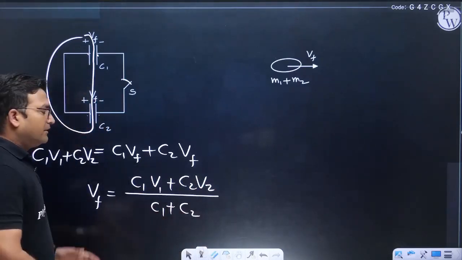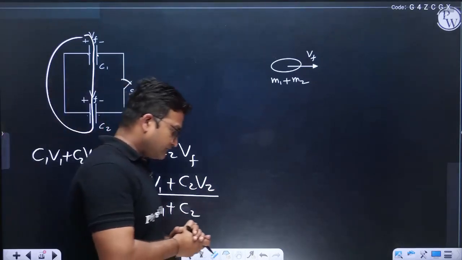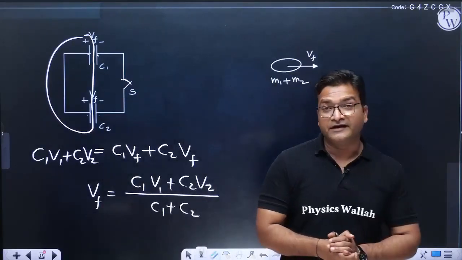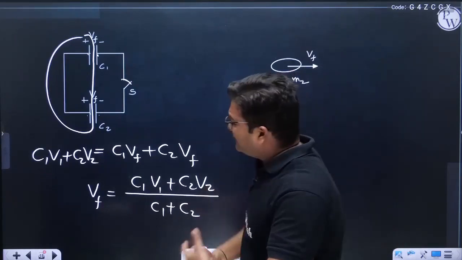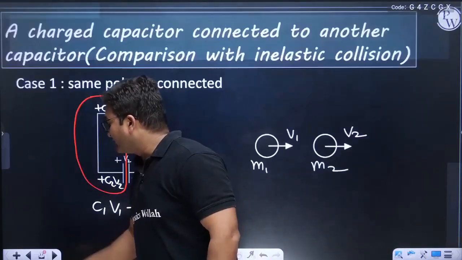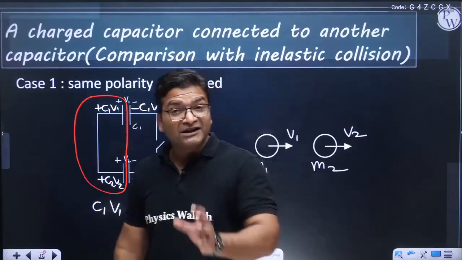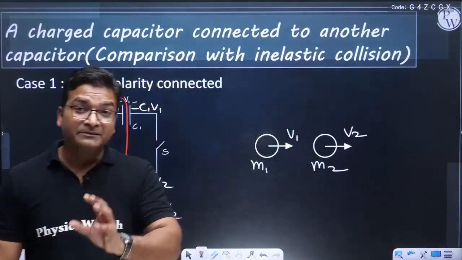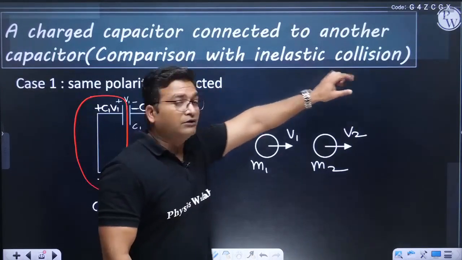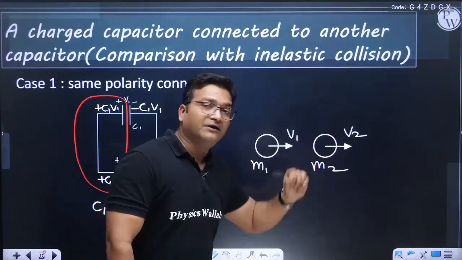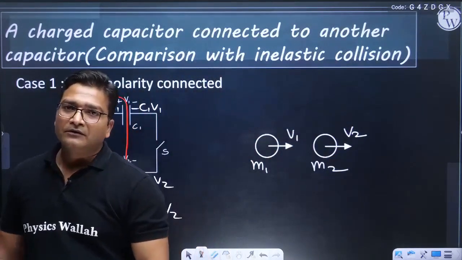Okay, this is the result, or you can say the final potential difference. Actually, this mathematics is very similar to a case of inelastic collision between two masses M1 and M2.